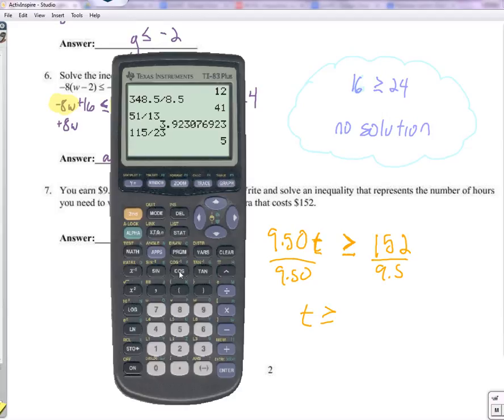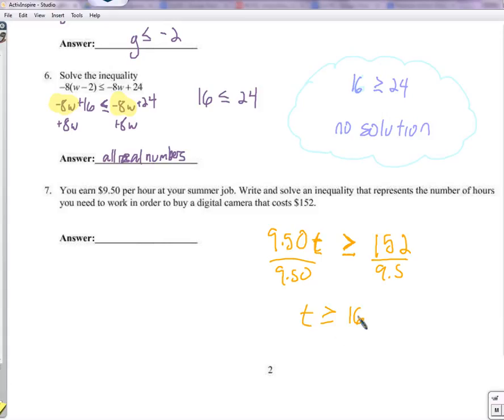What do we have here? 152 divided by 9.5, 16. So T needs to be at least 16. It needs to be greater than or equal to 16. You need to work 16 hours at the very least, if not more. Okay. So T is greater than or equal to 16.